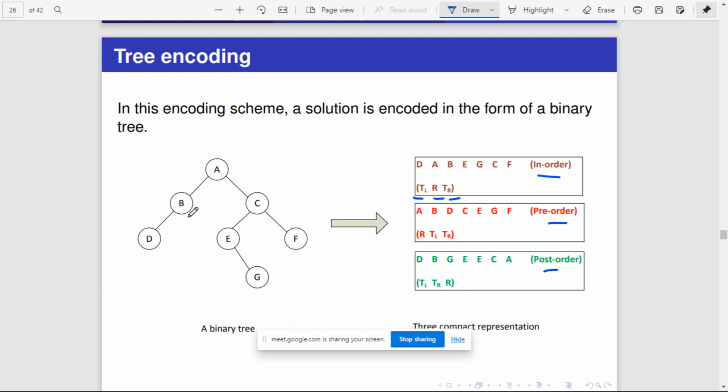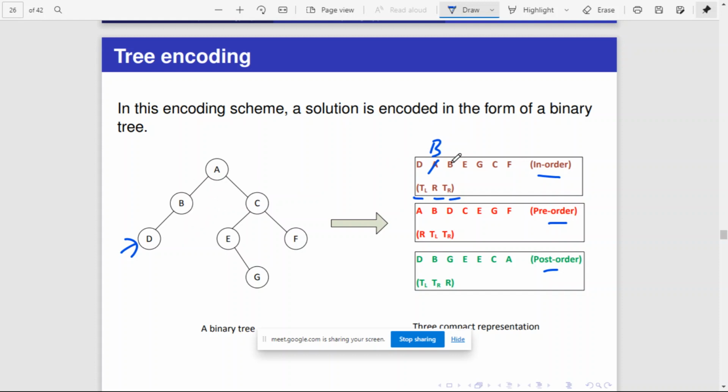We start from the root node, go to its left, and go to its left again. That is D, and D does not have any further left, so first visit D. Then B. Actually, I think this is not correct; this should be B. B does not have any right child. Now this entire left part is visited.